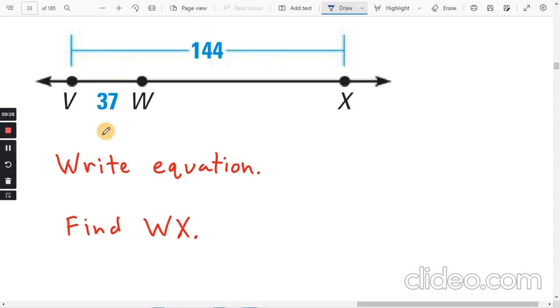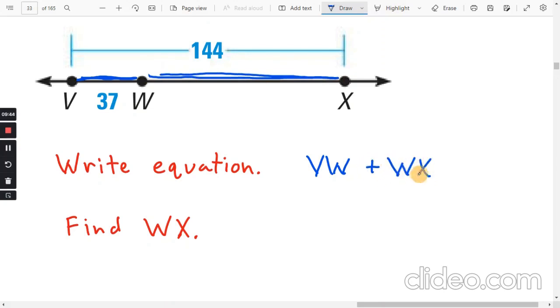Okay, so segment addition, we're going to say this piece, which is VW, and then this piece here, which is WX. I'm going to add those two. And that's going to equal the whole thing, which is VX.